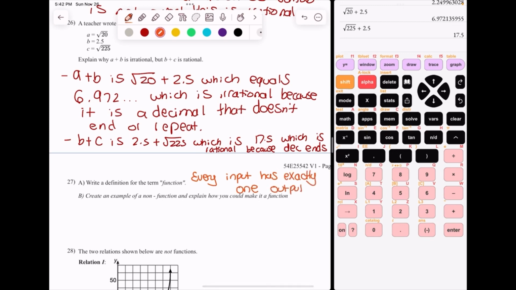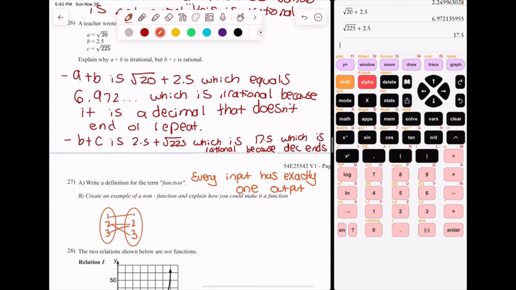C. Create an example of a non-function. All right, I'll make a mapping diagram that has numbers, a number that goes to more than one thing. 1 goes to 1, but now I'm going to have 2 going to 2 and 3. And then I'll have 3 going to 2.